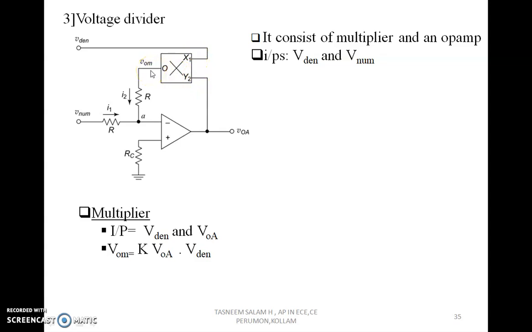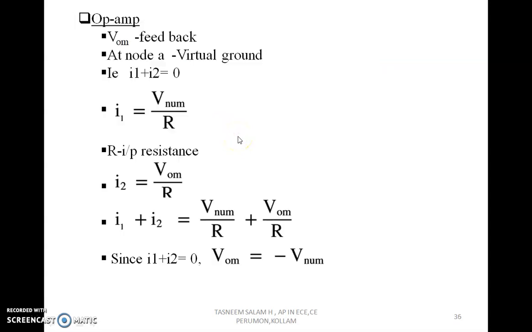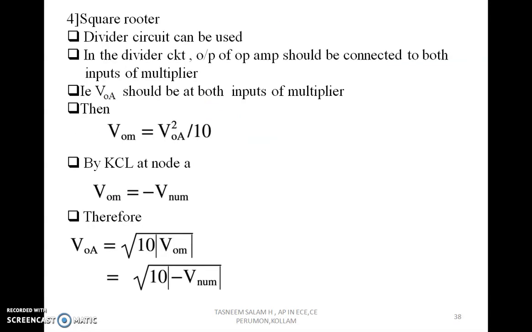The output VOM is equal to K into VOA square, that is 1 by 10 into VOA square. By KCL at node A, as earlier we know that VOM is equal to minus Vnum. Therefore we can write VOA is equal to square root of 10 into modulus of VOM.